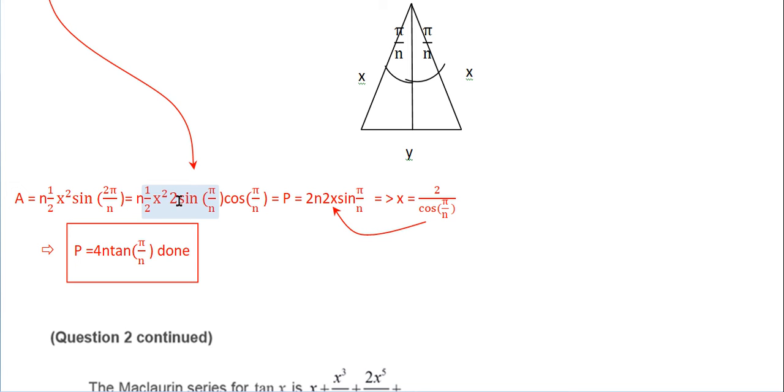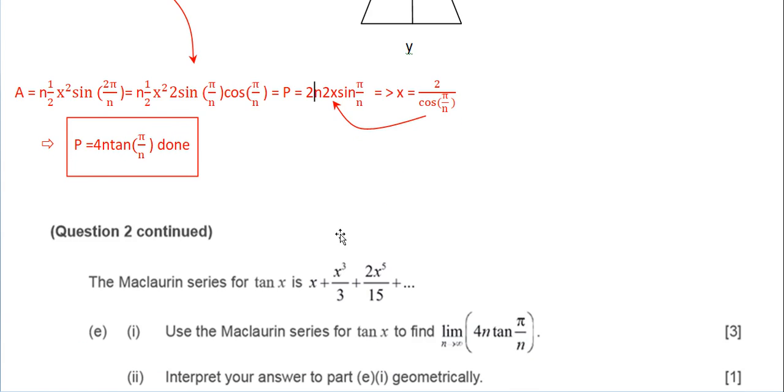So we used the double angle identity to split sine into sine and cosine, recalled the expression for the perimeter, and out of this equation we got the expression for x.